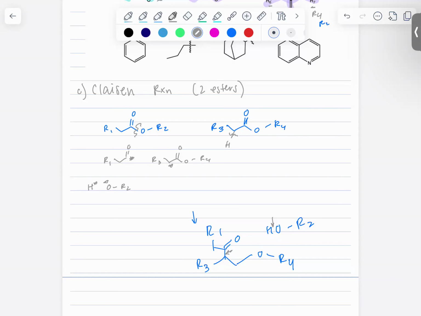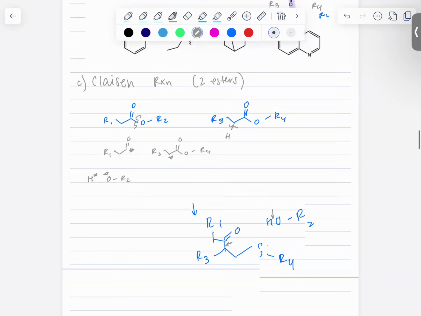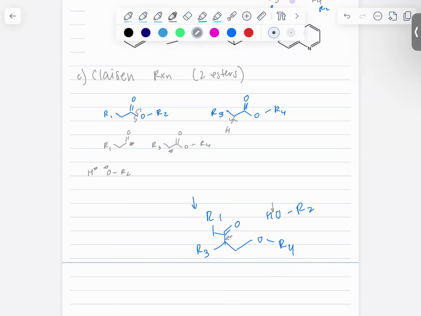Okay. Where do I start? Yes. Where do we start with a curly arrow mechanism for this?